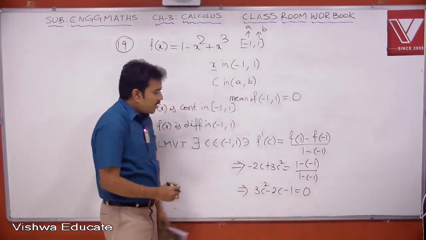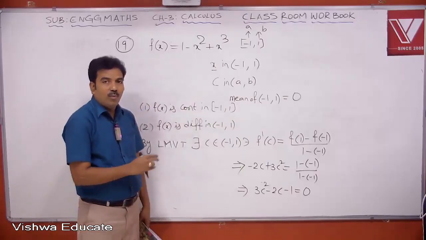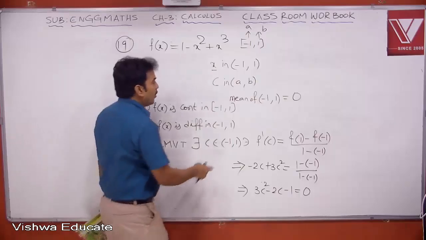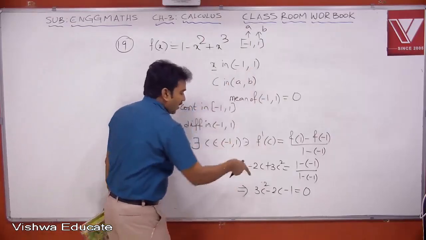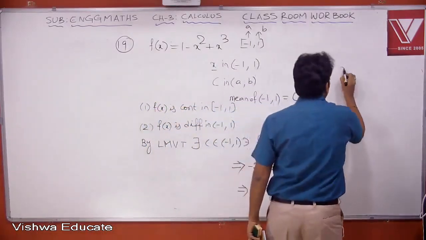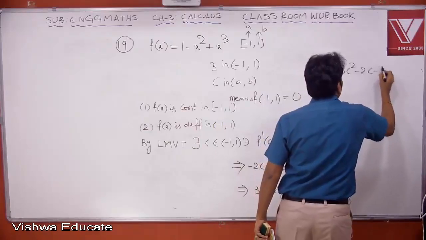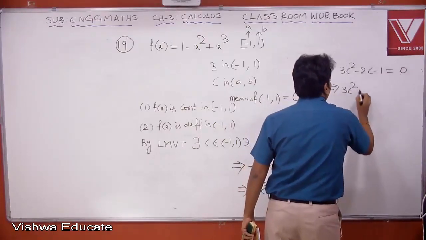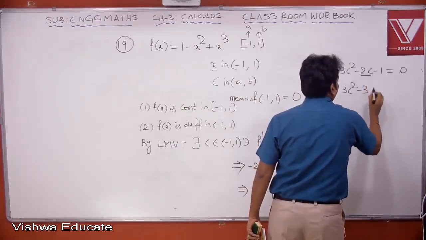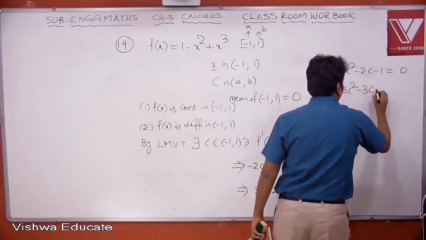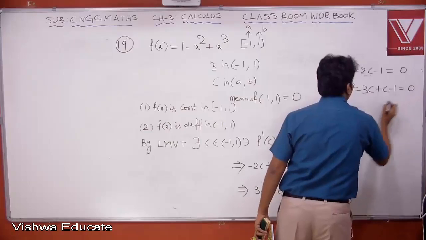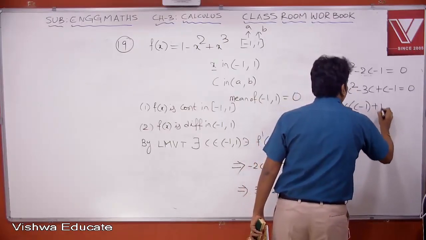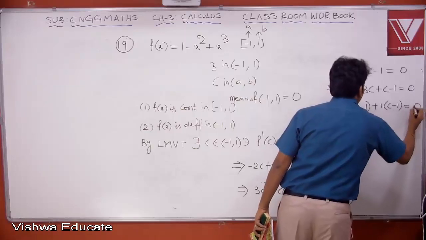Now, it is a quadratic equation in the unknown c. When you solve this, you will get two roots. But you need to select a value which belong to this particular interval. Let us solve this. The equation is 3c square minus 2c minus 1 equal to 0. This implies 3c square, this we can write as minus 3c plus c minus 1 is 0. So this implies 3c into c minus 1 plus 1 into c minus 1 equal to 0.